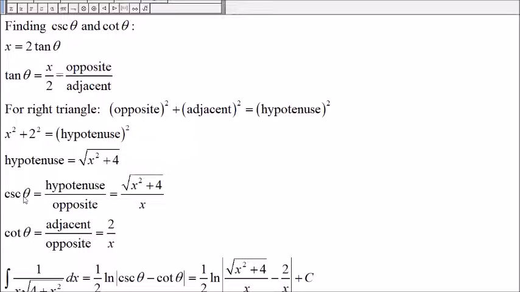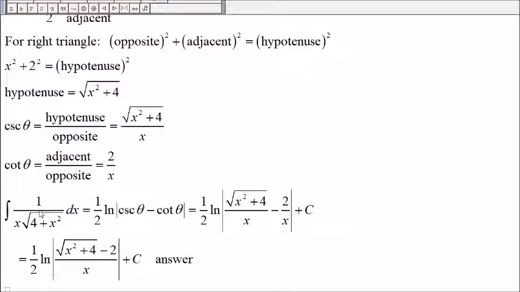Cosecant of theta is the hypotenuse divided by the opposite side, so it will be the square root of x squared plus 4 divided by x. Cotangent of theta is the adjacent side divided by the opposite side, so it will be 2 over x.